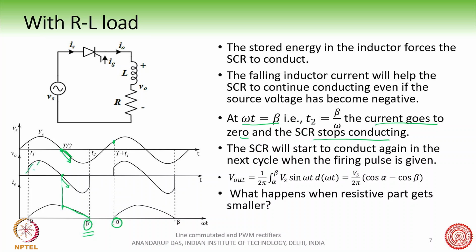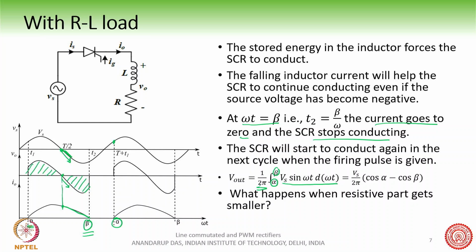So we can now find out the average output voltage by averaging this waveform, right? The total time period is of course 2 pi like before, and we will average from alpha to beta. We start at alpha and end at beta, and the output voltage waveform has this expression, Vs sine theta d theta.